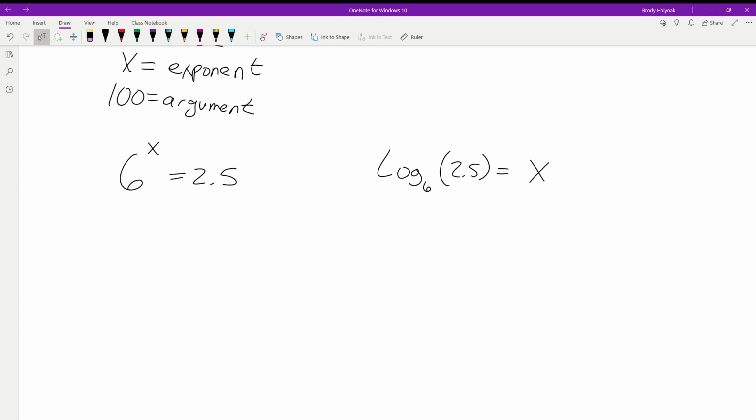But the way you can solve this is you take the log base 10 of 2.5 divided by the log base 10 of 6. This way we can find out what number we needed to raise 6 to in order to get 2.5. Yes?